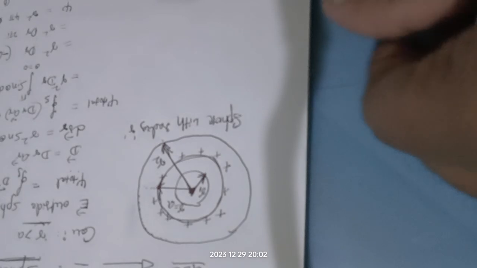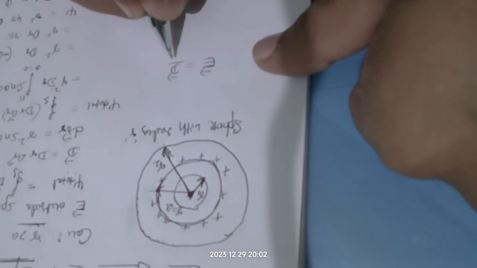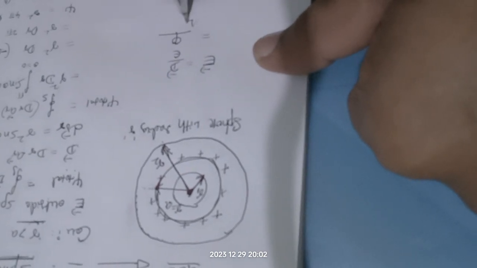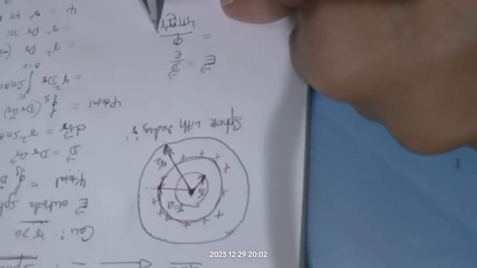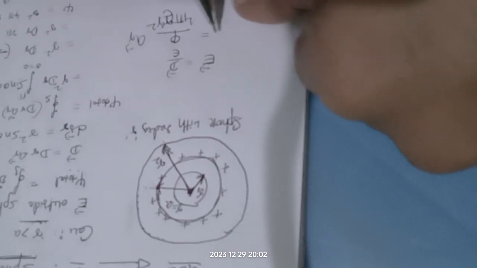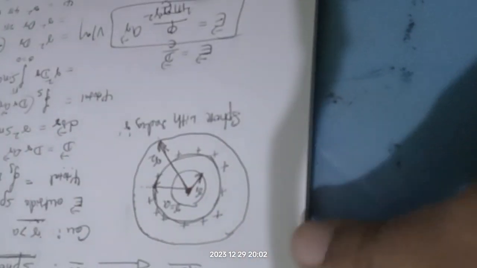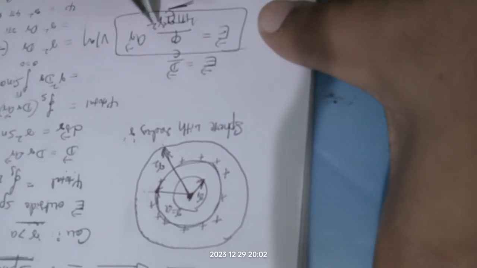Similarly, E is nothing but D divided by epsilon, so we get Q divided by 4 pi epsilon r squared a_r. This is E, and the unit is volt per meter. You can observe this D and this E. This is the electric field intensity due to the sphere of radius r.